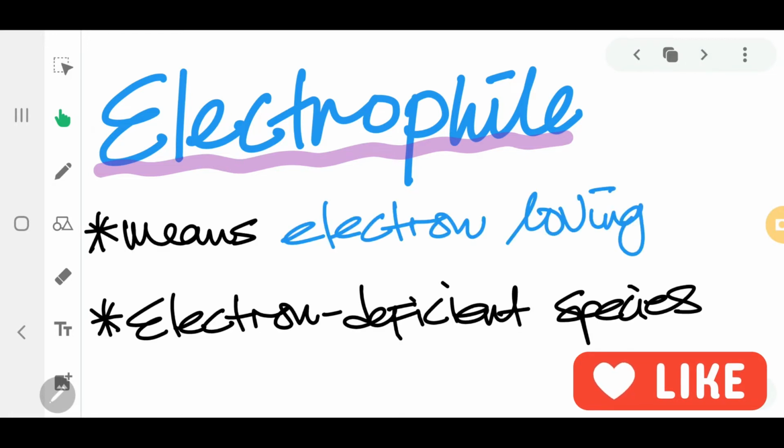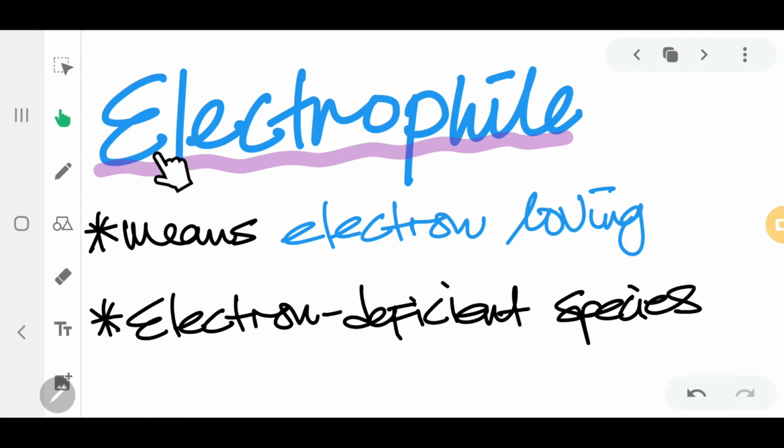Electrophile means electron-loving. When you look at the word electrophile, you have the electro part and the phile part. Electro represents the electrons, and phile comes from the Greek word phileo, meaning loving.